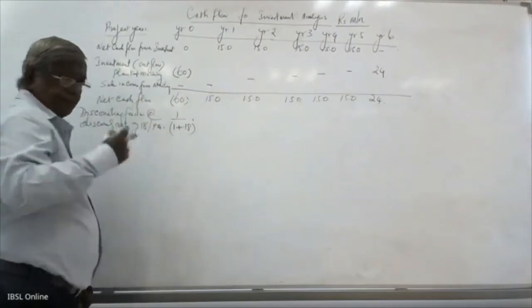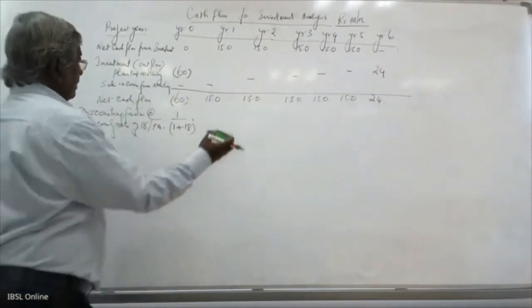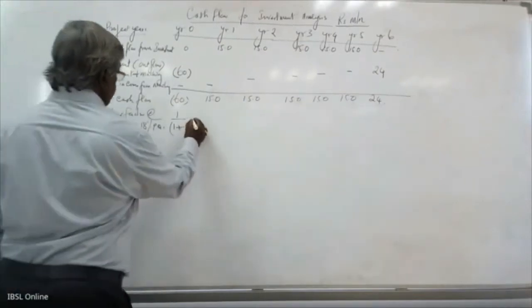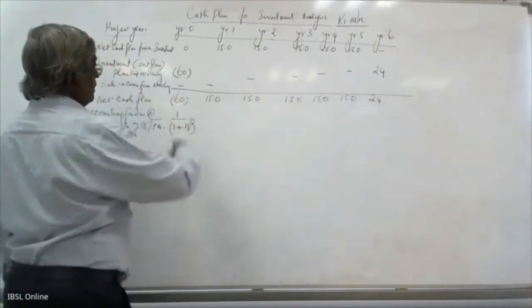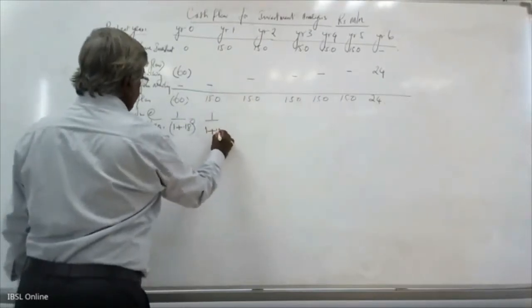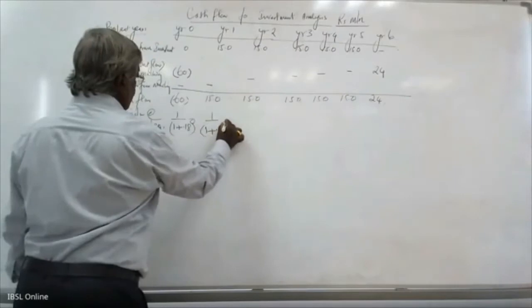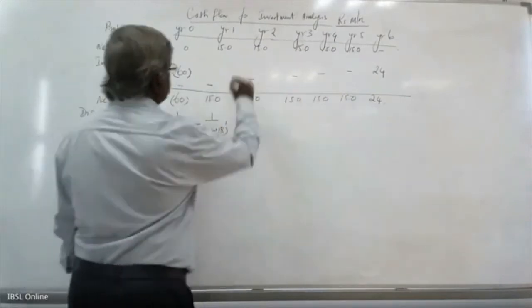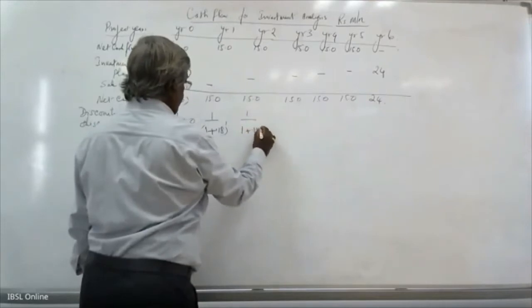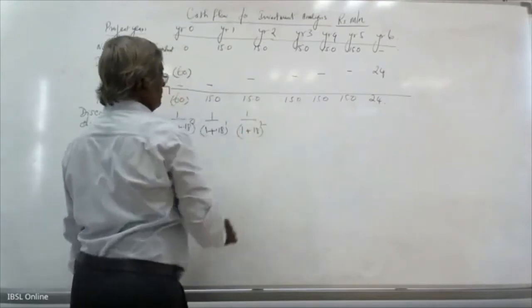Sorry, it will go from the first year. Here it is 0. In year 1, it is 1 divided by 1 plus 0.18 to the power 1. Year 2, 1 divided by 1 plus 0.18 to the power 2.